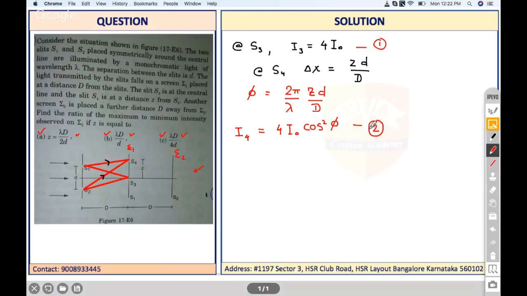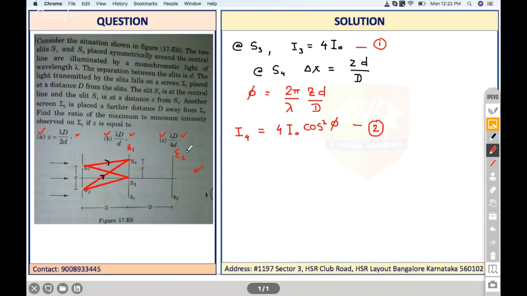There might be the case that at S4 destructive interference happens. If destructive interference happens at S4, then only one wave comes out from S3, so there is no scenario of interference. Whatever the intensity of S3 is will be the intensity everywhere on screen sigma 2.